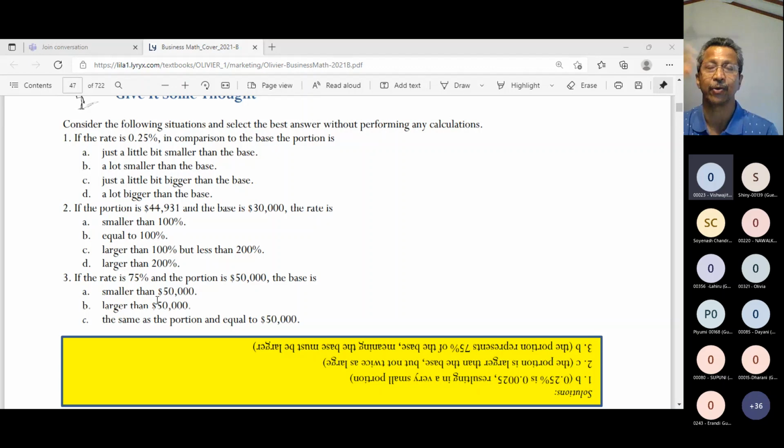You know the base is, if you take the Sri Lanka population as the base, and out of that the Buddhist population is maybe 60%, that is a ratio of 0.6. So if the rate is 0.25% in comparison to the base, the portion is A, just a little bit smaller than the base.